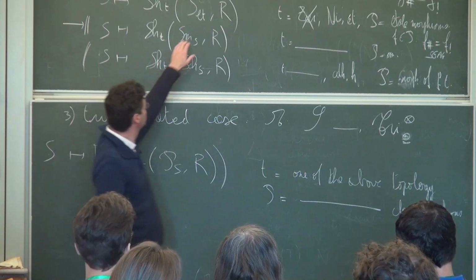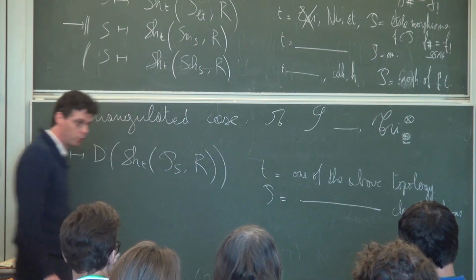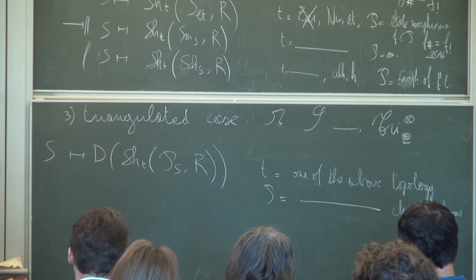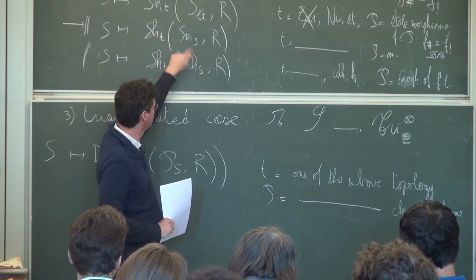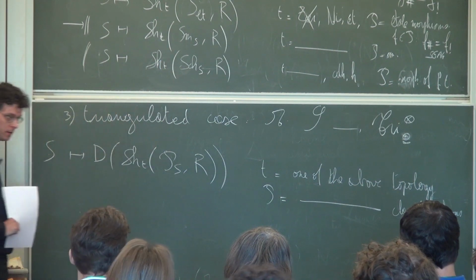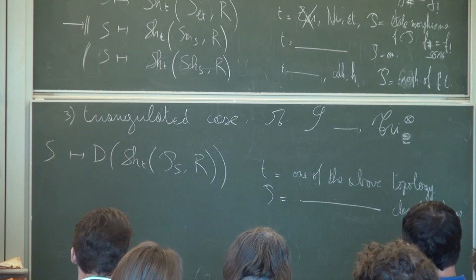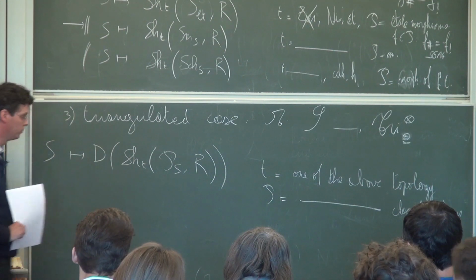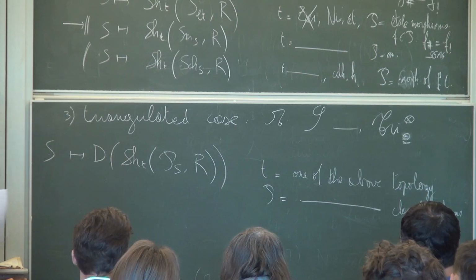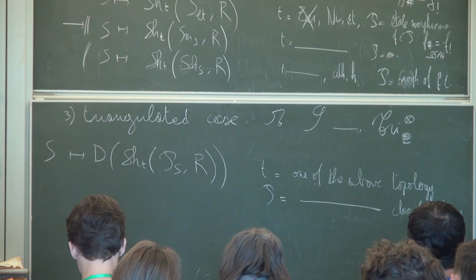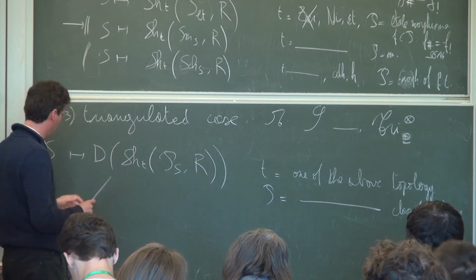If you use small sites, you'll have gluing, but we are anticipating; gluing will be for the third talk. If you are with these sites here, you will not have gluing without using a localization, a stabilization. So maybe we are anticipating.